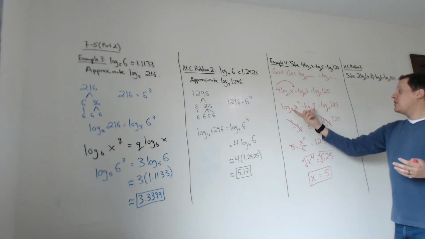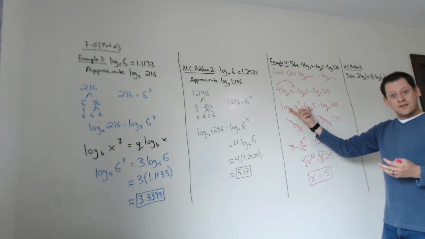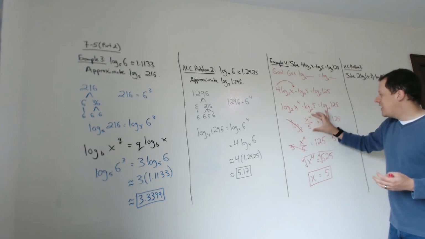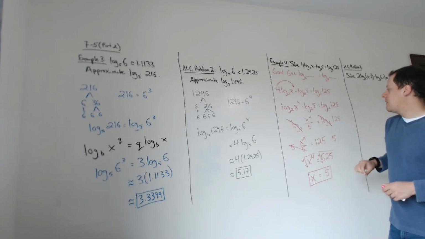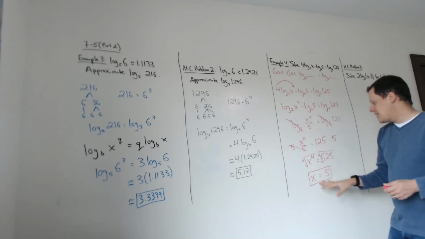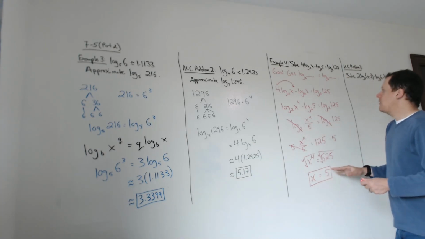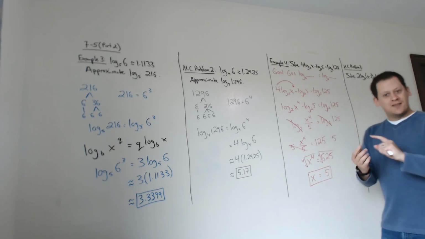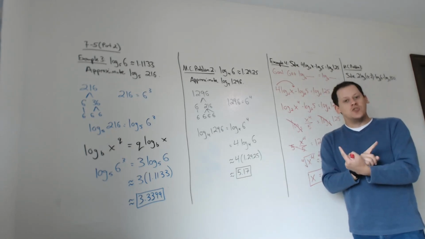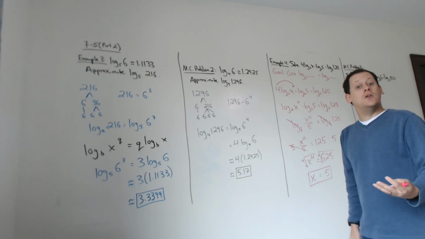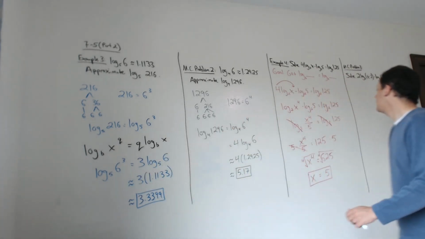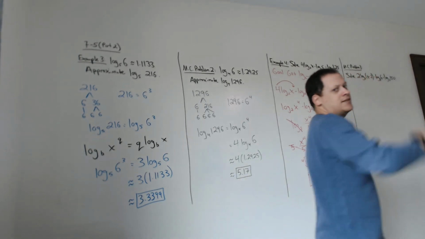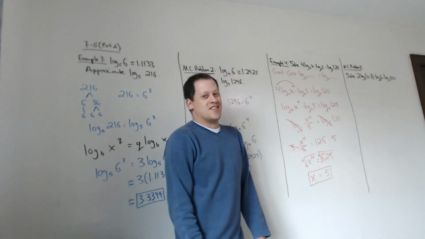We then took the difference of two logs and turned it into a log of a quotient. From there we got rid of the logs and just solved for x. But using those rules in the other direction than we're used to, I want you to know that that's a thing you can do. Totally doable.